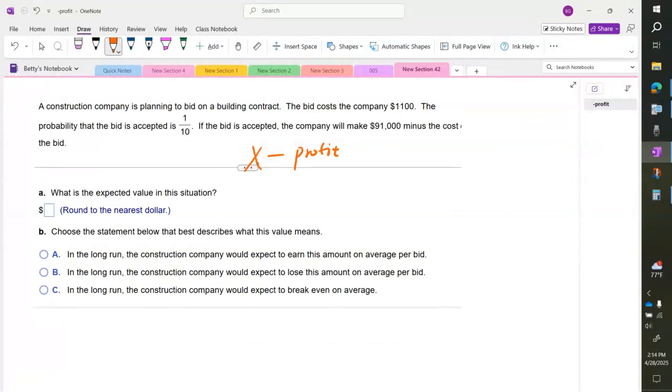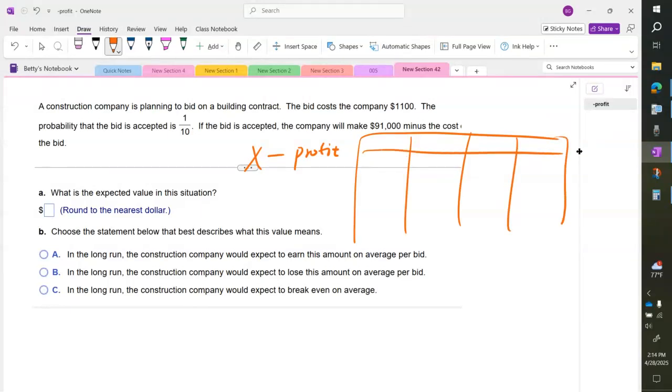We're gonna take the perspective of the company. 2, 3, 4 columns. And the outcomes: only 2 possible outcomes, either win the bid or not win the bid, right?